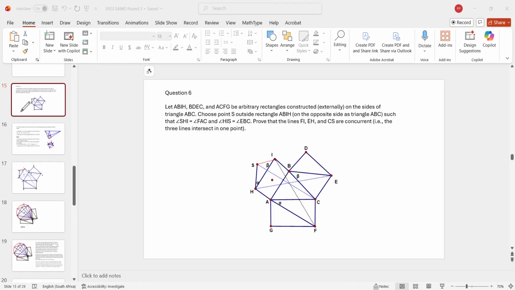Okay, and the actual theorem is if you've got a circle, and if you take 6 points on the circle, six random points, right?